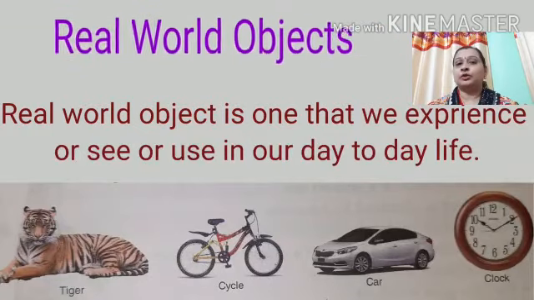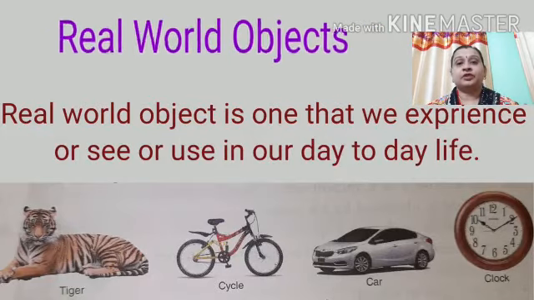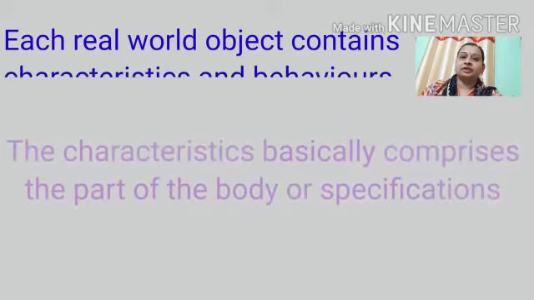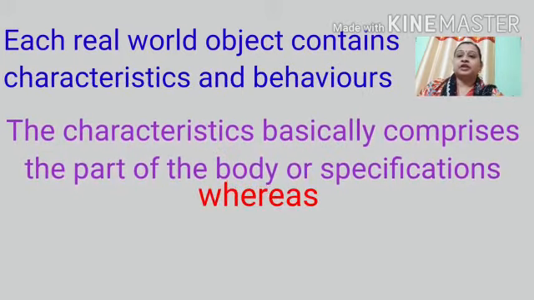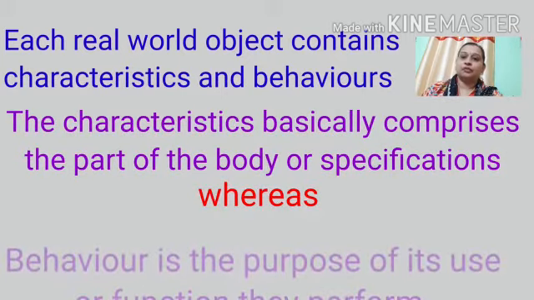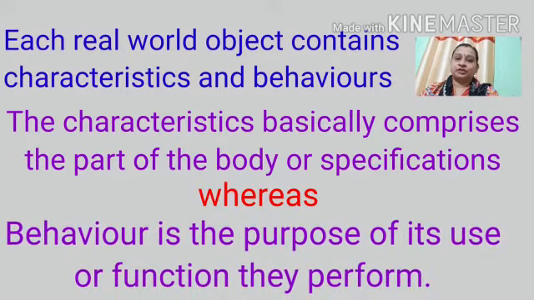Characteristic means the parts of the body, or the parts it is made up of, and behavior is the work or the function it does. The real world object contains characteristic and behavior, where the characteristic basically comprises the parts of the body, whereas the behavior is the purpose of its use or its function.